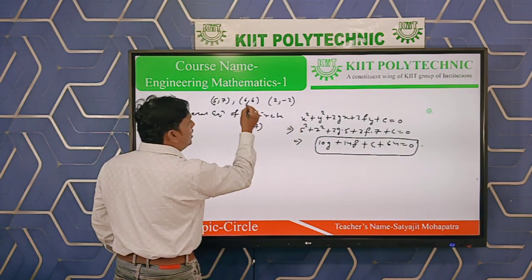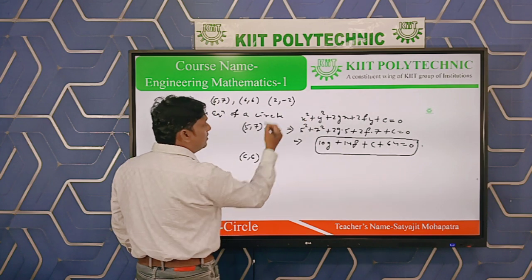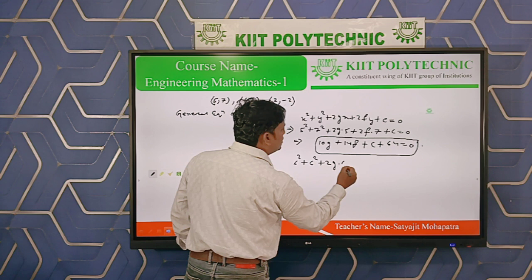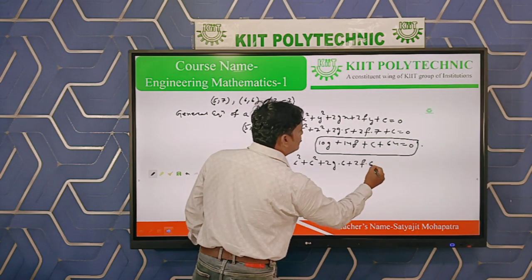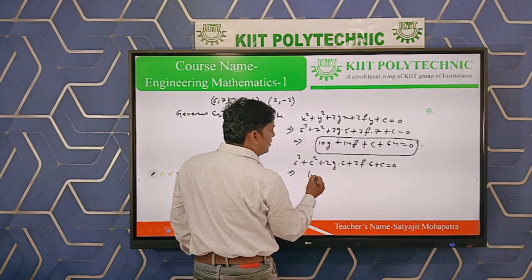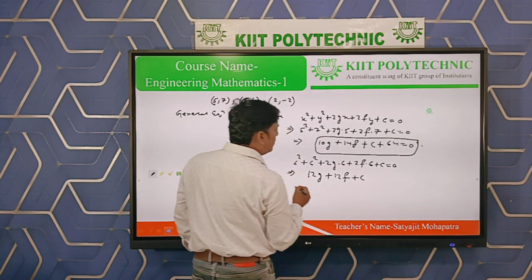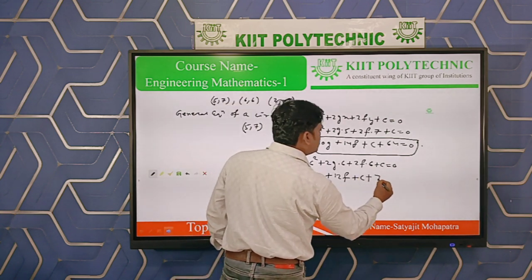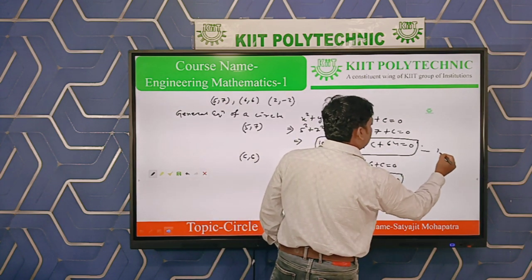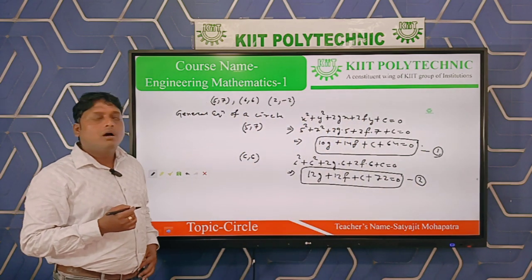Similarly, the circle passes through the point (6, 6). So you put 6 square plus 6 square plus 2g into 6, 2f into 6, plus c equals 0. By simplifying, we got 12g plus 12f plus c plus 72 equals 0. This is equation 2.